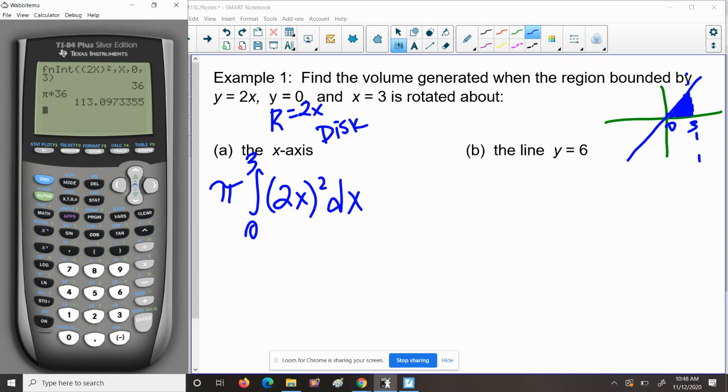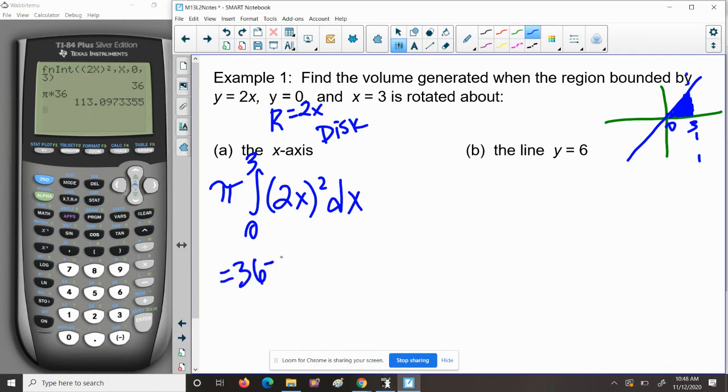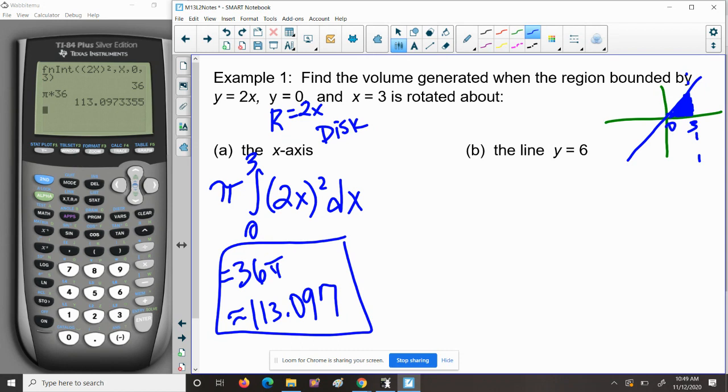So the total volume would be either 36 pi or approximately 113.097. That's the volume of the solid generated if we revolved around the x-axis.